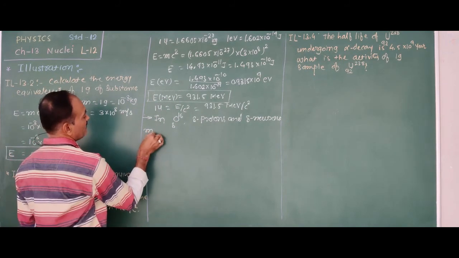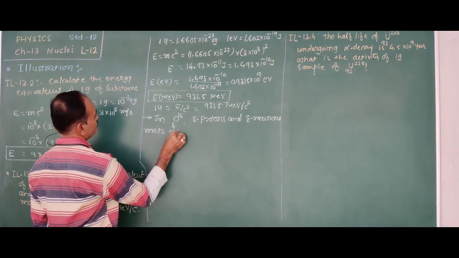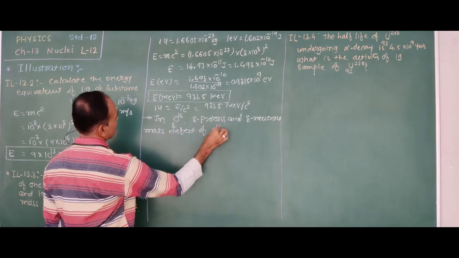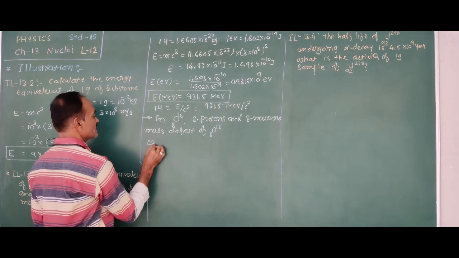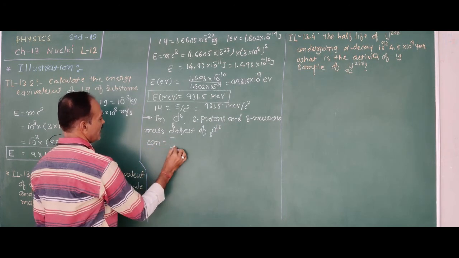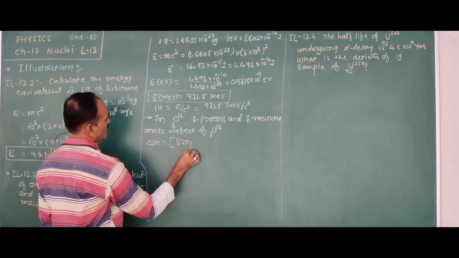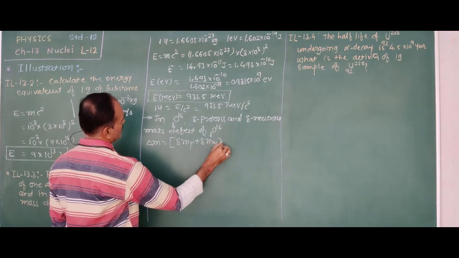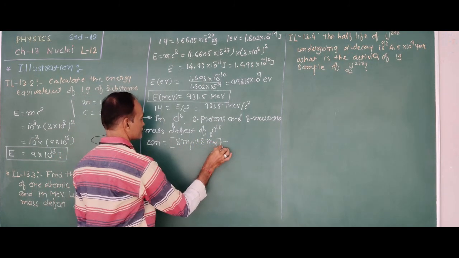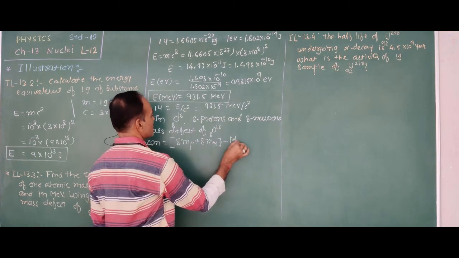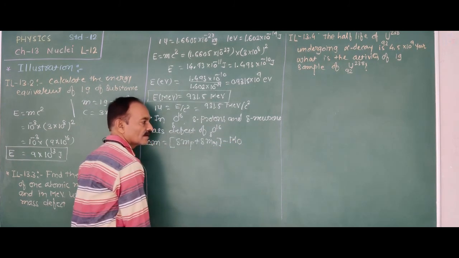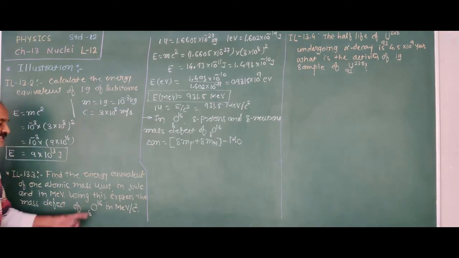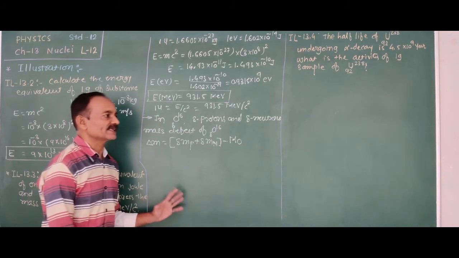Therefore, the mass defect of oxygen-16 is delta M is equal to 8 times the mass of the proton plus 8 times the mass of the neutron minus the mass of oxygen. The mass of oxygen-16 is given; that is the practical value.